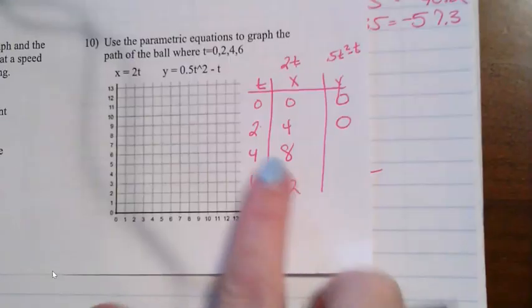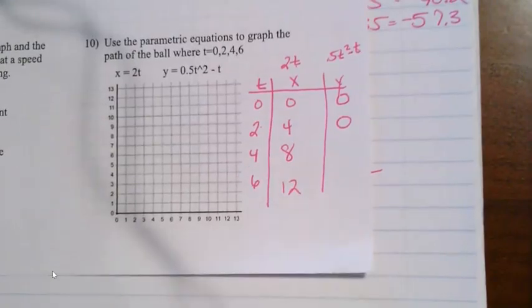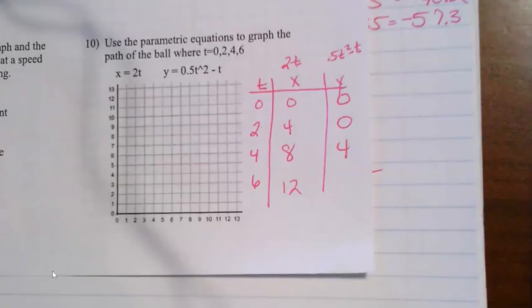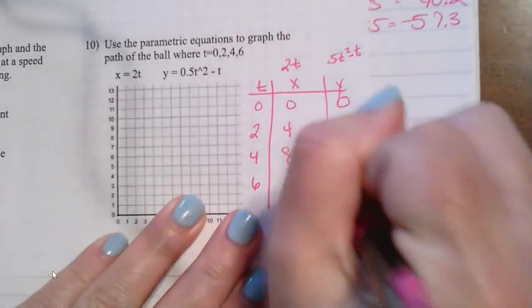Now we're going to plug 4 in. 0.5 times 4 squared minus 4, we get 4. 0.5 times 6 squared minus 6, and we get 12.